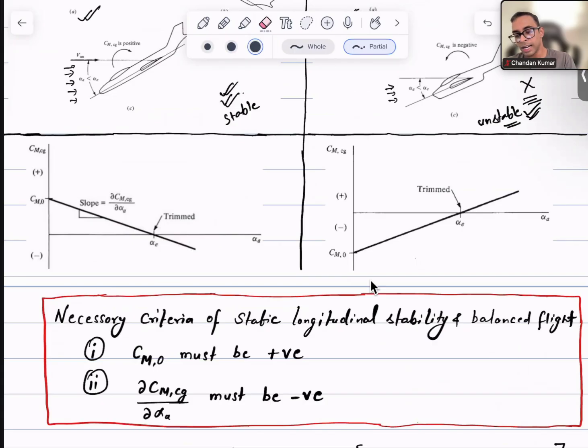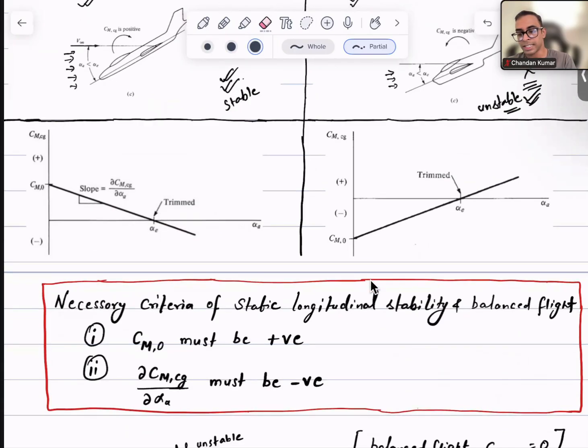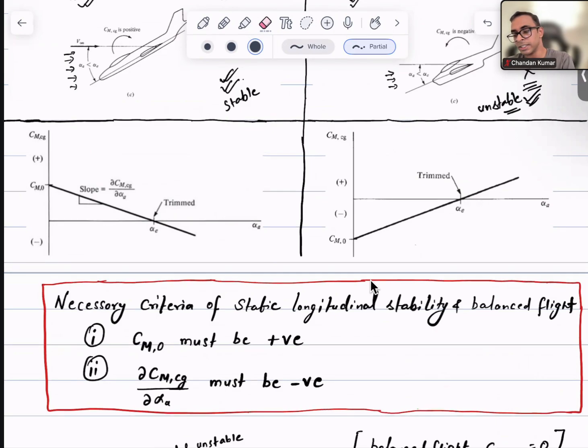This is the scenario for the stable situation. If we look at the second line plot on the right hand side, we have the unstable situation where, if you increase the angle of attack from the trim condition, you get a positive moment, and it will take the airplane away from the trim condition.